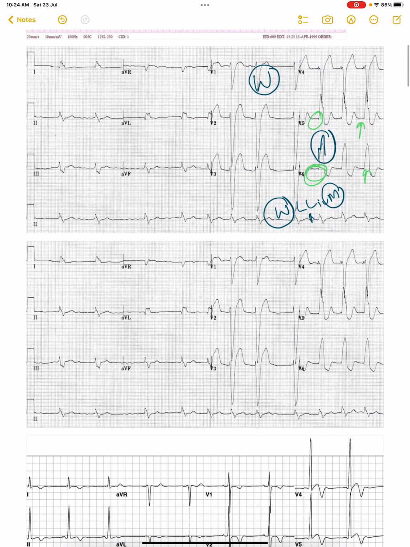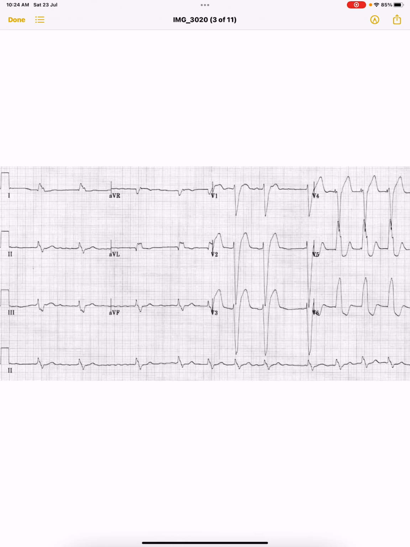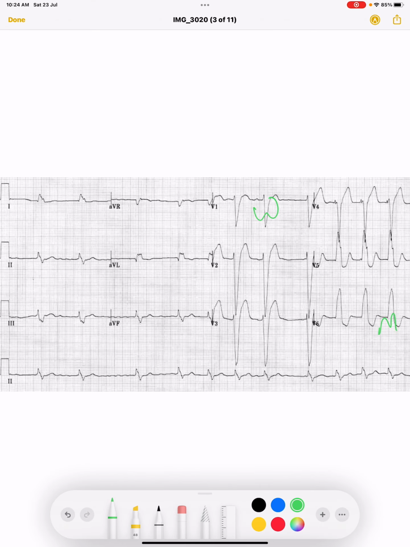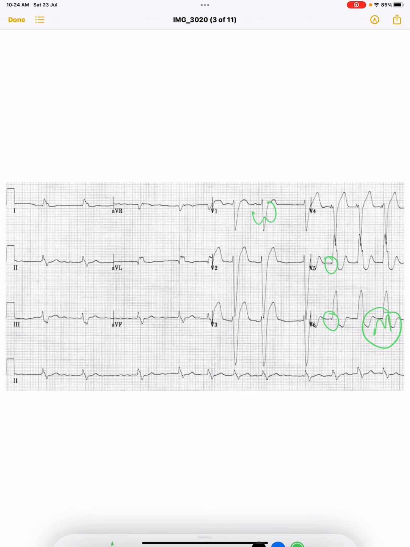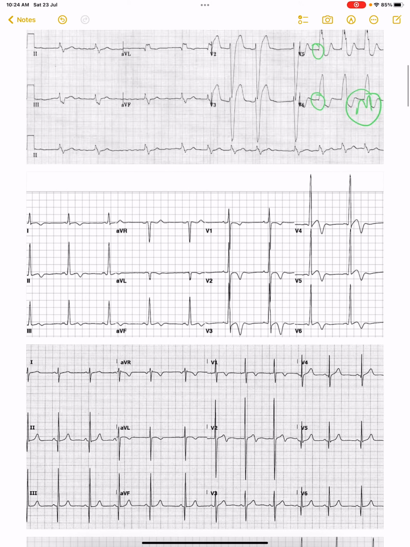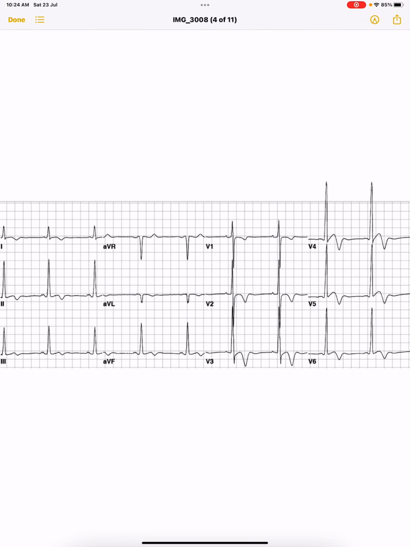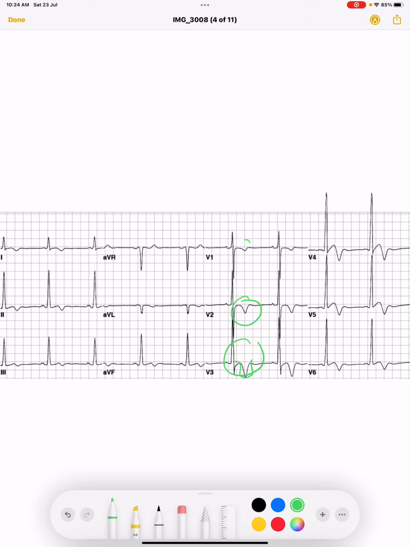So similarly, I have another ECG. Again, this is a W pattern here, an M pattern here. This is our LBBB with a wide QRS complex, and there is again loss of Q waves in the lateral leads. And what about this one? In this ECG we can see very deep T waves. There are big QRS complexes and deep T waves.